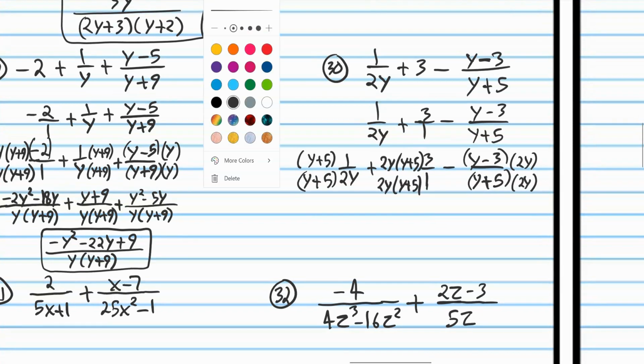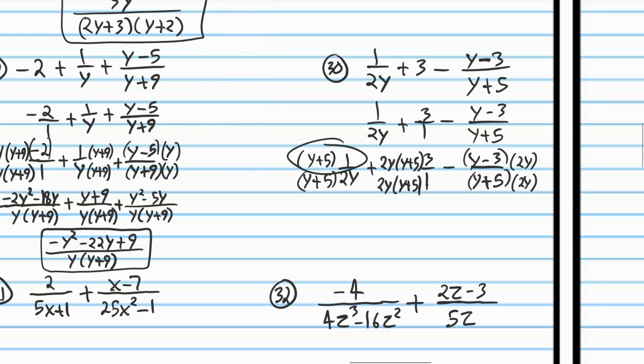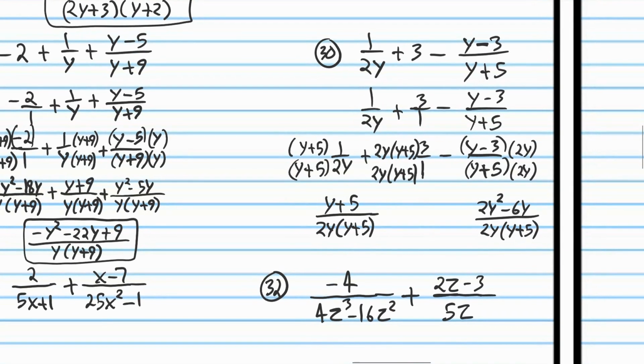All right, so let's do the easy part first. y plus 5 times 1 is y plus 5. It's traditional to write the monomial first. Over here we have 2y times y plus 3. I just prefer to combine the 3 and the 2y first.